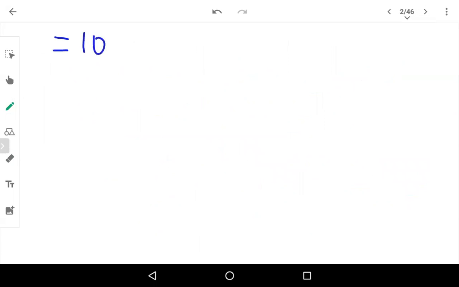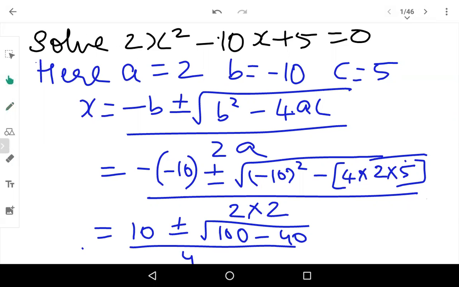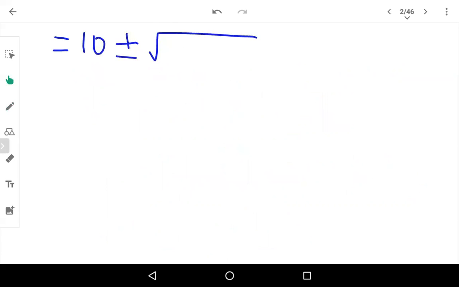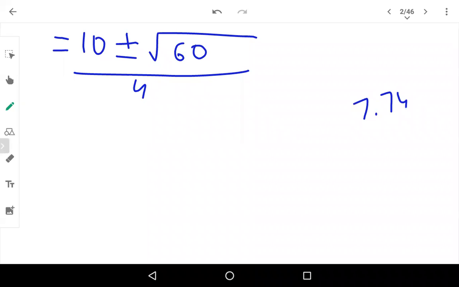10 plus or minus square root of, if you see here, 100 minus 40 is nothing but 60, divided by 4. Now, if you calculate the square root of 60, you get 7.7459.